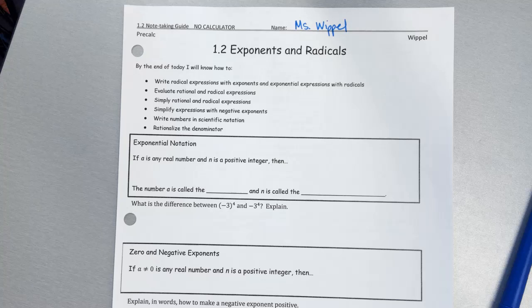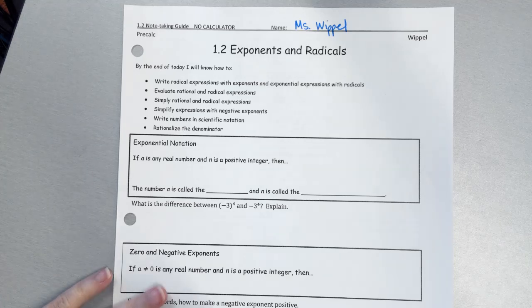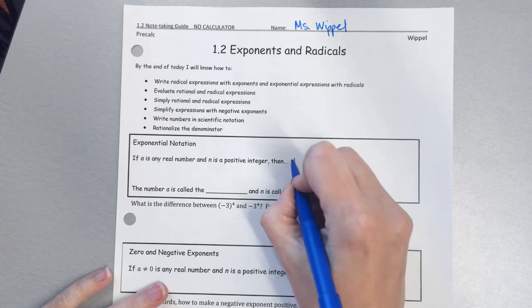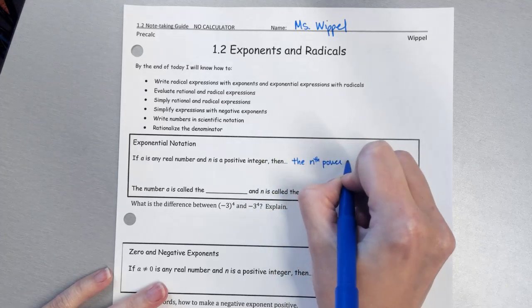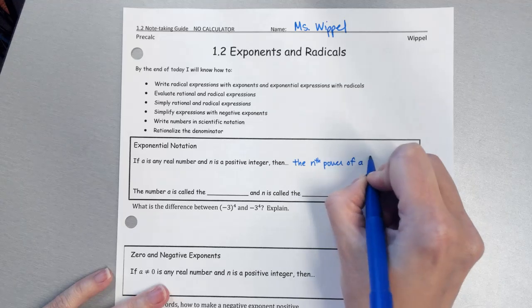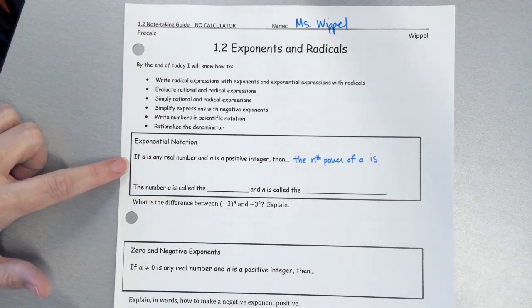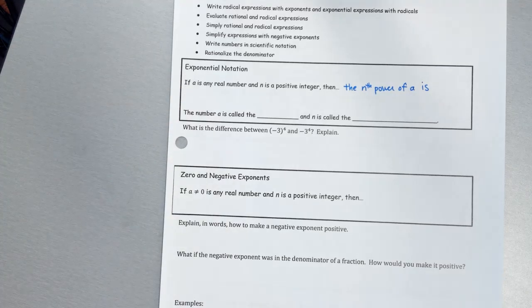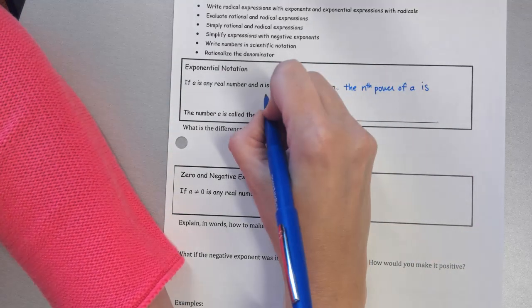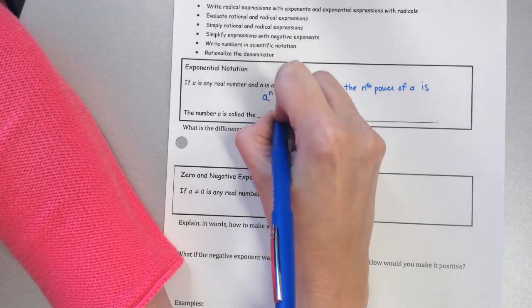So the first thing we're going to talk about is exponential notation. If a is any real number and n is a positive integer, then the nth power of a is, and I put this in a special box because in your book they're going to have these information boxes, and so I like to have us talk our way through those.